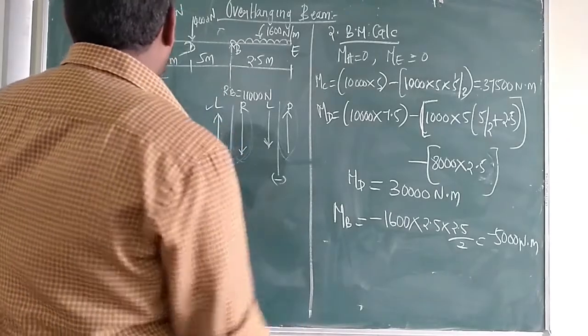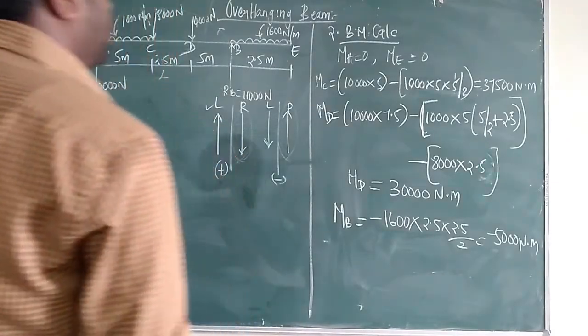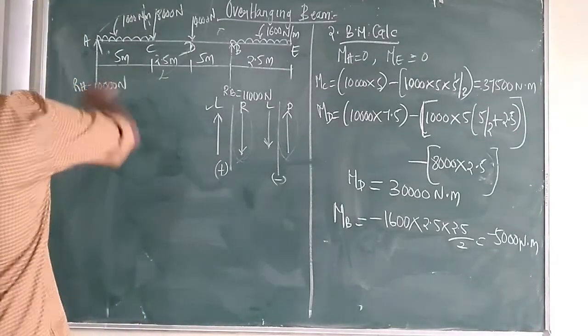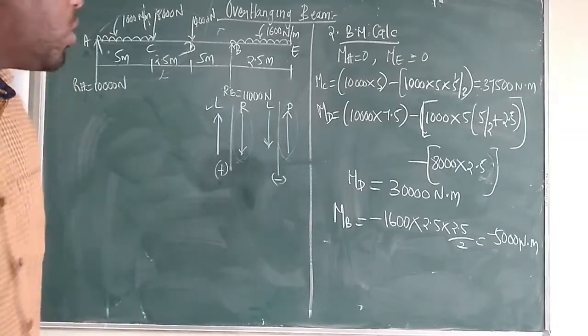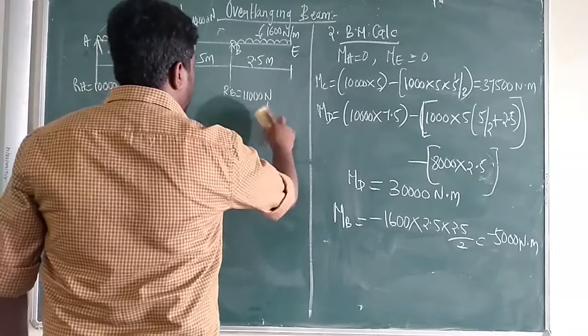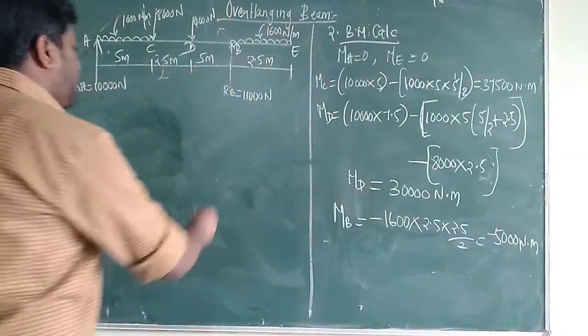Yes? So first I am going to calculate moment at C. Okay. So I am going to come from the left of the section. So while you are going to calculate bending moment, take the sign convention of bending moment.